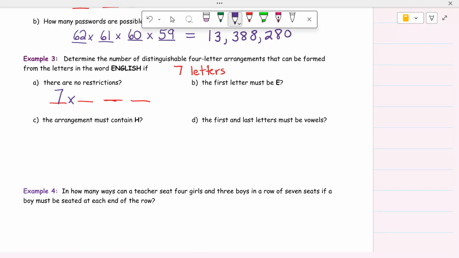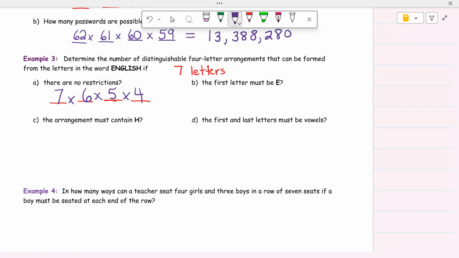So if I just move my way down now, how many choices do I have for letters to put in the second position? 6. Because does 1 tile have to stay? Yes. So 7 tiles are all sitting in front of me. I put 1 there. I now have 6 tiles. And then 5 and then 4.